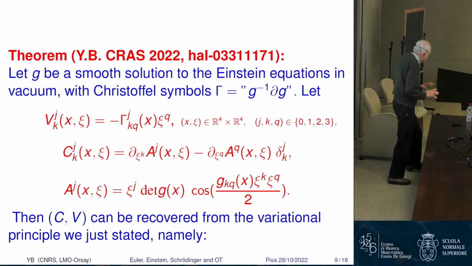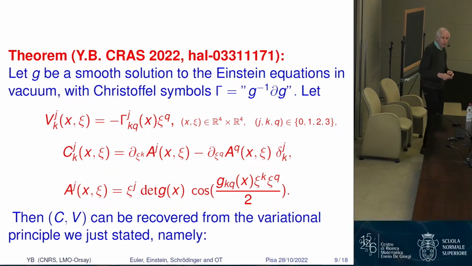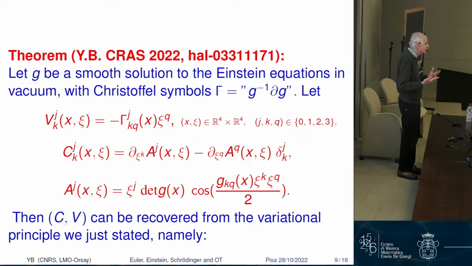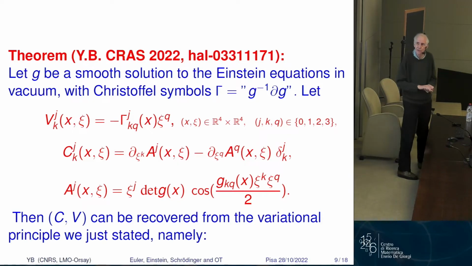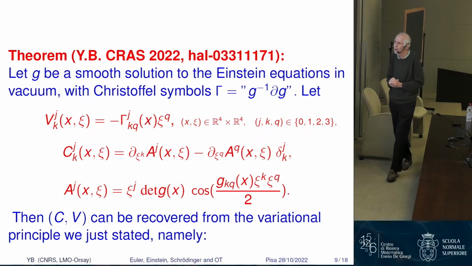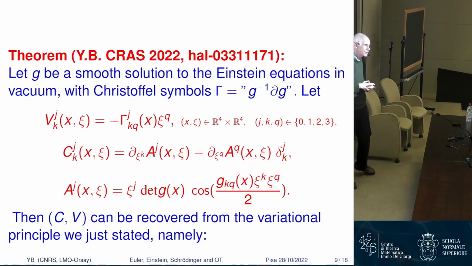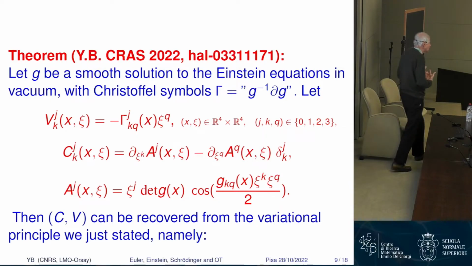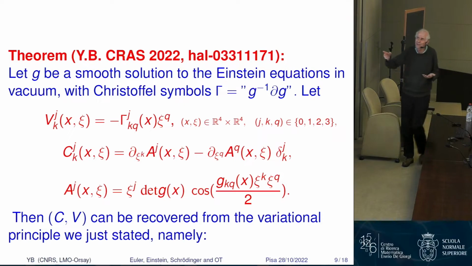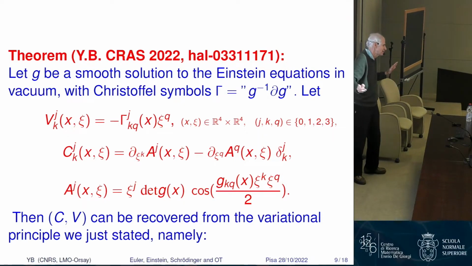Now, let me tell you the only result of this talk. And once again, it's not a result in analysis, it's just a computation. So you take a Lorentzian metric, G, you assume that it's smooth enough to justify the calculation, and I denote, as usual, the Christoffel symbol by gamma. If you are afraid of the Christoffel symbol, it is just a kind of logarithmic derivative of the metric.